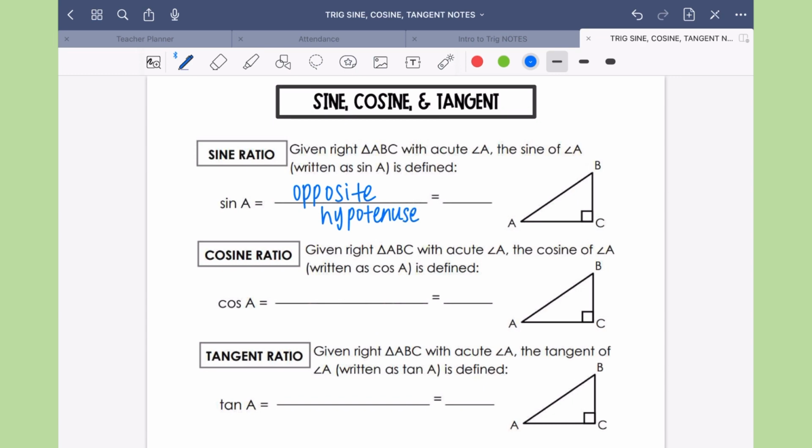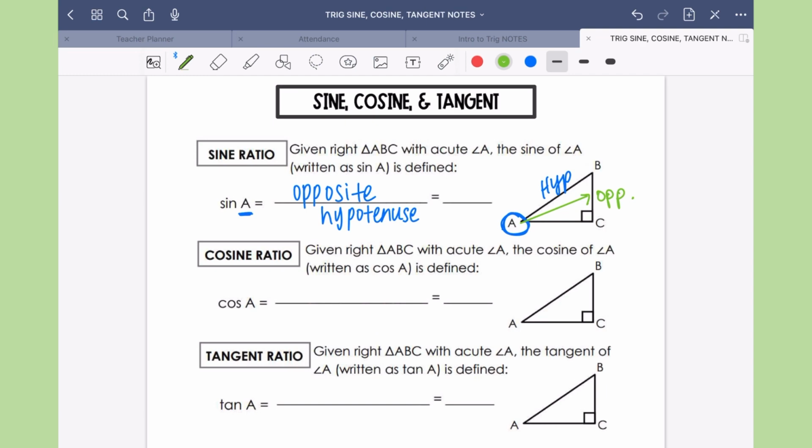If we're talking about angle A, remember your steps. Circle your reference angle. The second step, label your hypotenuse. Then I'm going to use green for the opposite leg. So we would go across, and this is the opposite. That's all I need for sine.